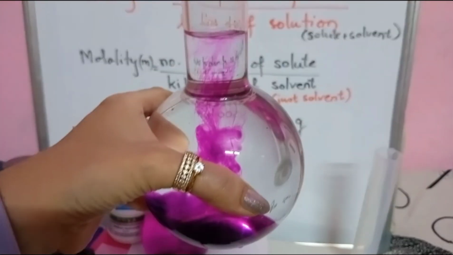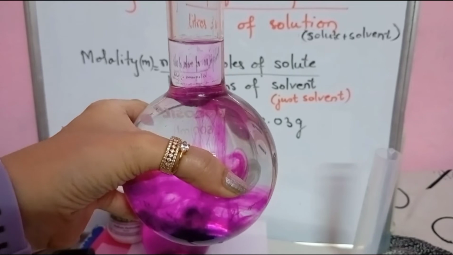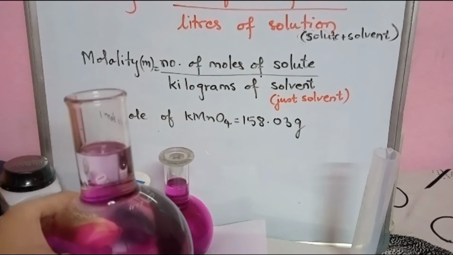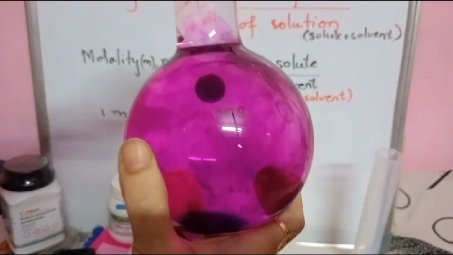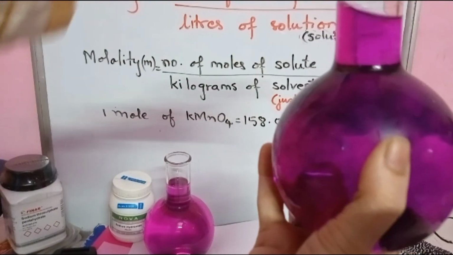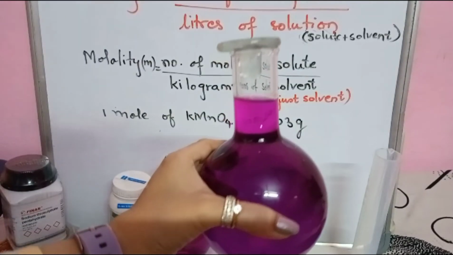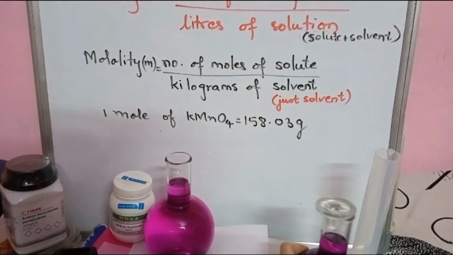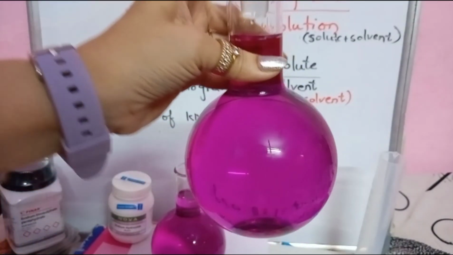Now what I have prepared here is a 1 molal solution of potassium permanganate. I'll just simply mix it together. You can see it doesn't matter whether I have added 1 liter or not. So now here you have a 1 molal solution.